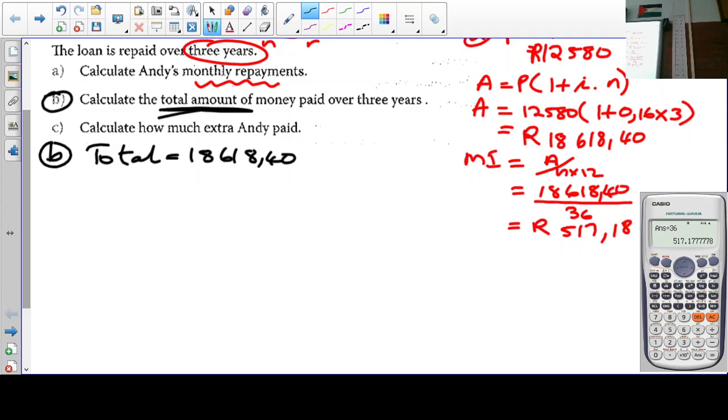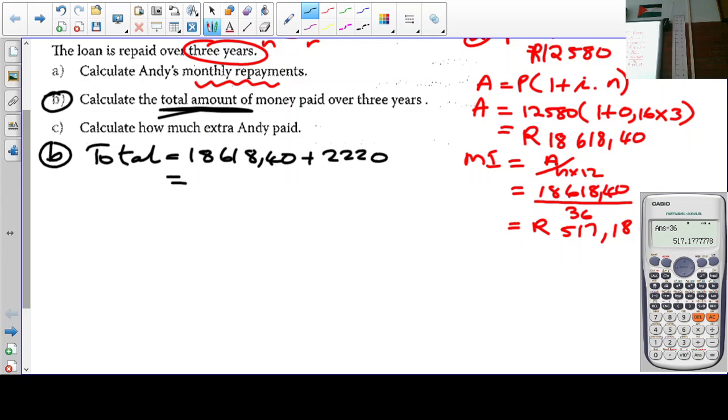The total amount is the whole or accumulated amount that was paid to the financial institution or to the shop. Does it make sense, people, why I am adding it? So it's plus 2,220 rand.